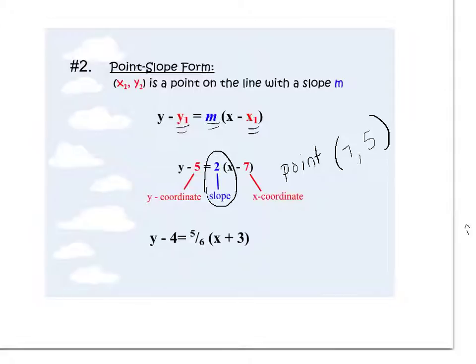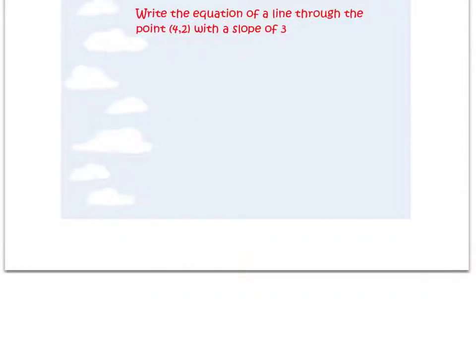Let's look at an example of what would happen here. We're going to write the equation of a line through the point (4, 2), and with a slope of 3. Now, just like in our previous problem, we could use 2 points and calculate the slope, using y2 minus y1 over x2 minus x1, but in this case, they told us the slope was 3.